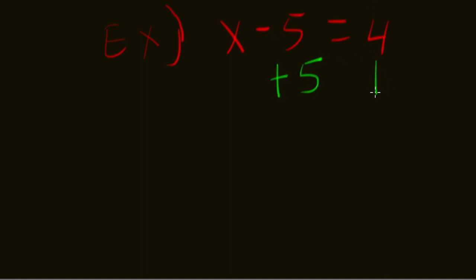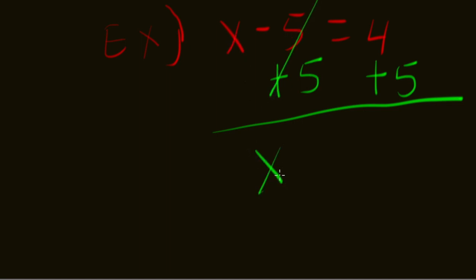Whatever you do on one side, you do on the other side, so that you can cancel out the number. Minus 5 plus 5 is 0. Bring down the x. 4 plus 5 is 9. If you replace x by 9 in the equation, 9 minus 5 is 4. That's how you get the correct answer.